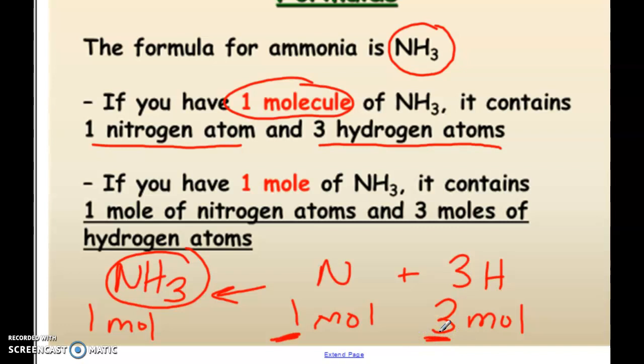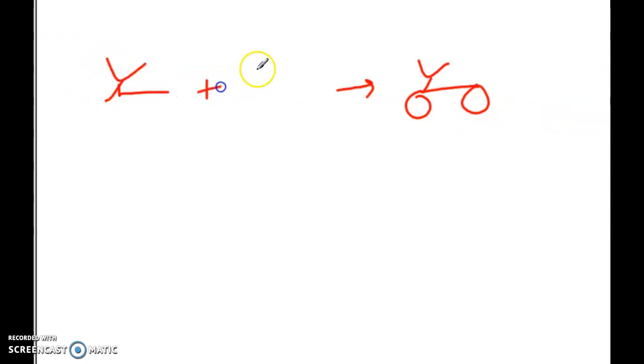I'm going to give you a different analogy here. Let's say we're going to build some bikes. Obviously, this is an amazing, fantastic bike. But to make a bike, we need the bike frame and we need 2 wheels.